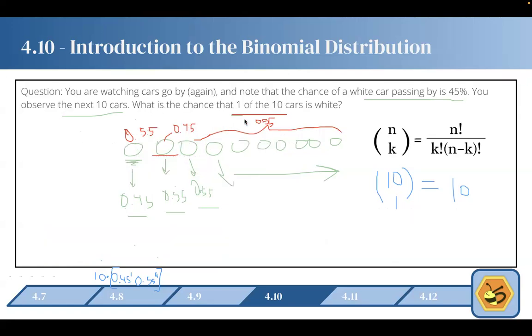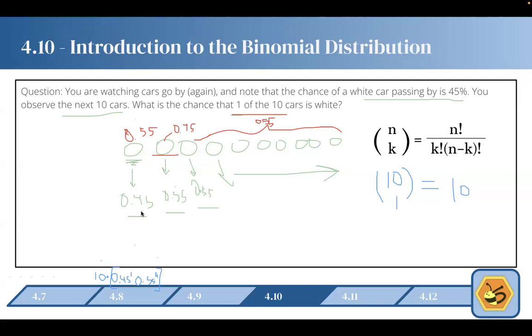So this idea is that there's one white car that's 45%, right? If the chance of any individual car being white is 45%, then for example, this one individual car could have been white or not white, but the chance of it being white is 0.45.